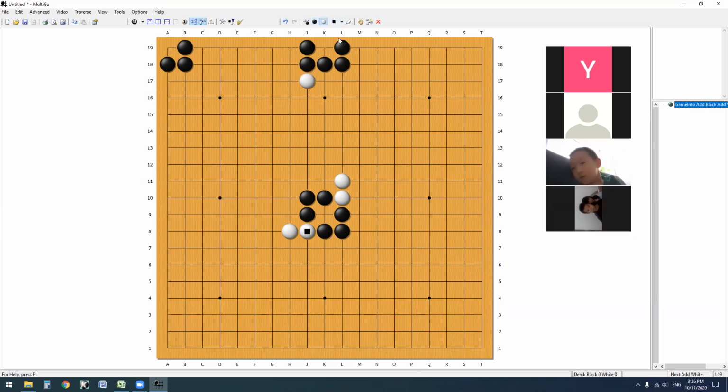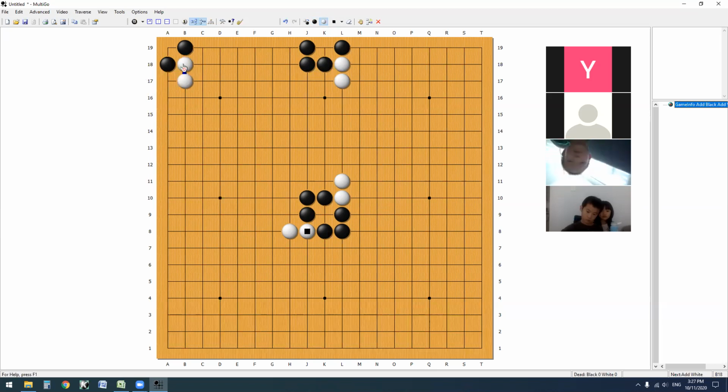Or if this other shoulder is taken by white, it becomes a false eye. And in the corner, if here is occupied by white, it becomes a false eye.